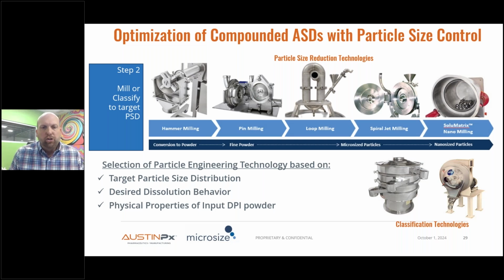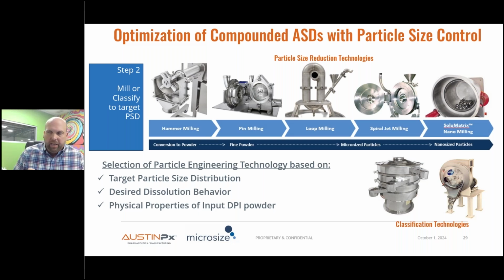If the excipients that were chosen have heat problems, we could move into an ambient milling process with either loop milling or spiral jet milling. So using compressed gas to create the motion and the milling energy to cause particle size reduction, and a very homogeneous environment giving you a Gaussian distribution curve.